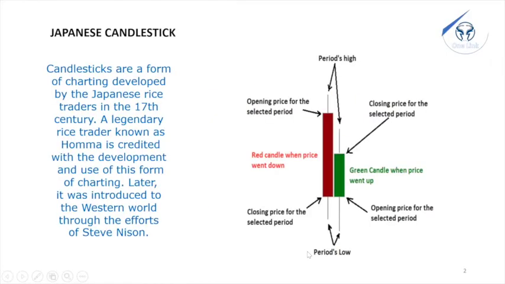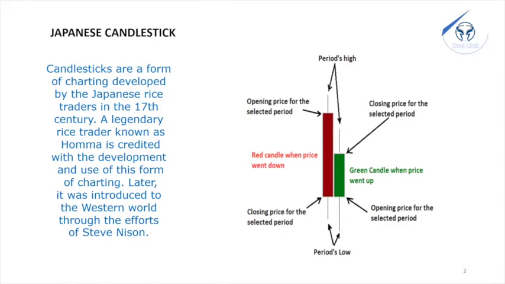Okay, and this candlestick is known as a Japanese candlestick. We can see a red color candlestick form, and you can see a green color candlestick being formed. This is known as a Japanese candlestick. It is a form of charting developed by Japanese rice traders in the 17th century.